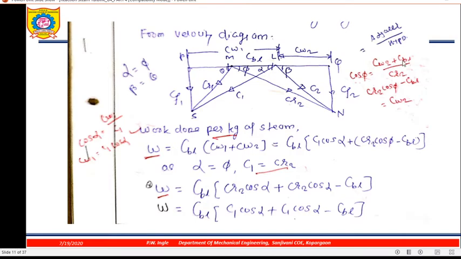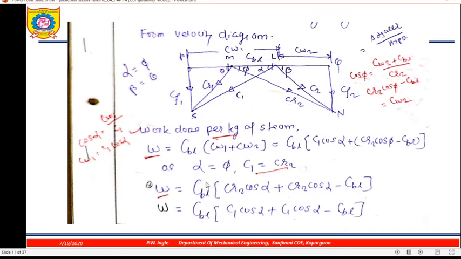So it is CW2 plus CBL upon CR2. That is why you get CW2 as CR2 cos phi minus CBL. So by putting the values of CW1 and CW2, we can write the equation as CBL in bracket C1 cos alpha plus in bracket CR2 cos phi minus CBL.